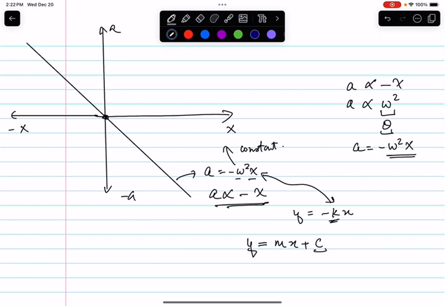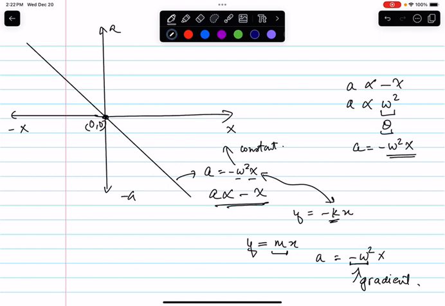Over here, the y-intercept is going to be 0, 0, so we don't really care much about it. But this is an equation of the form y is m times x. So if we have acceleration is negative omega squared x, then in this case, negative omega squared is a gradient.